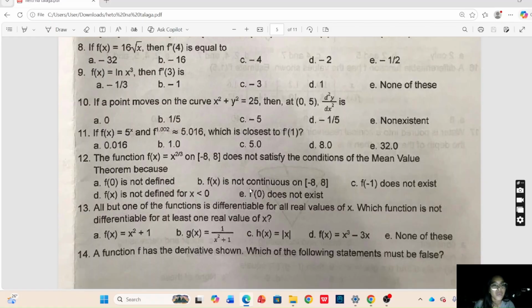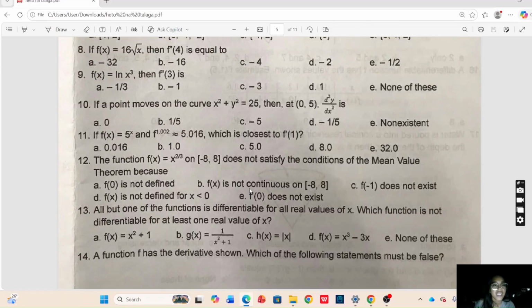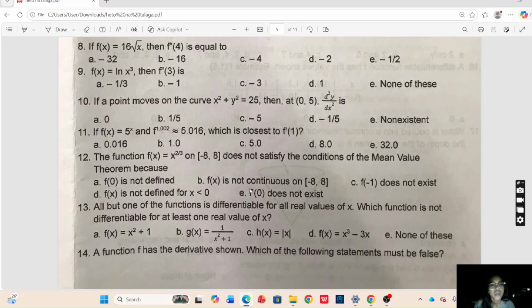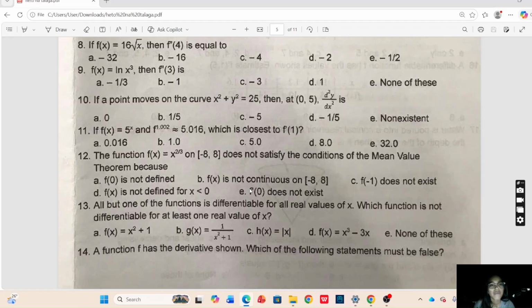If f of x is equal to 16 square root of x, then f double prime, the second derivative of 4, is equal to, the answer is letter D. Because to obtain this answer, we first rewrite the square root using exponent notation.